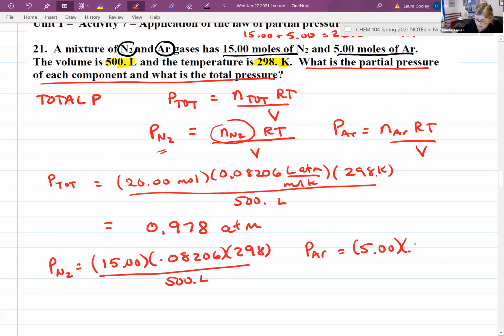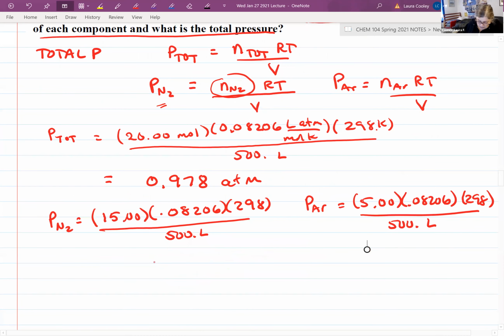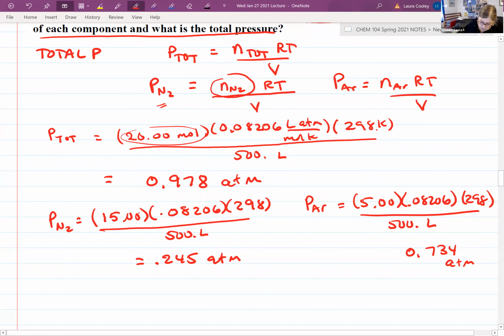And argon, precisely the same calculation. So there's a lot of writing involved with doing the calculation this way. And this would come out to 0.245 and 0.734. So that's one way you can do the problem. You could basically do the same problem 3 times with 3 different numbers of moles.